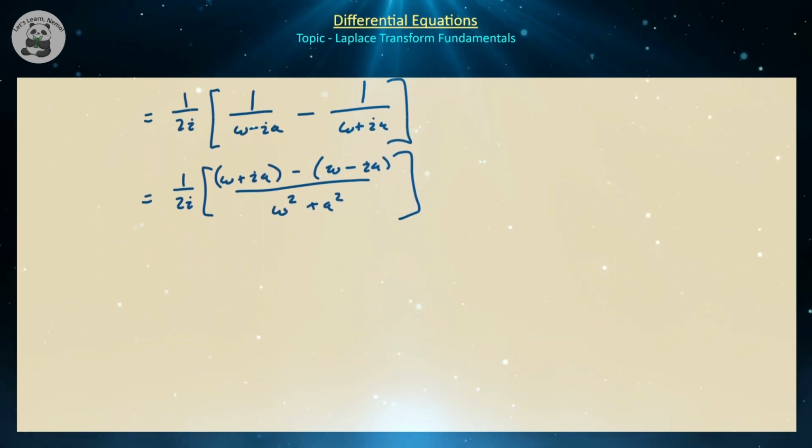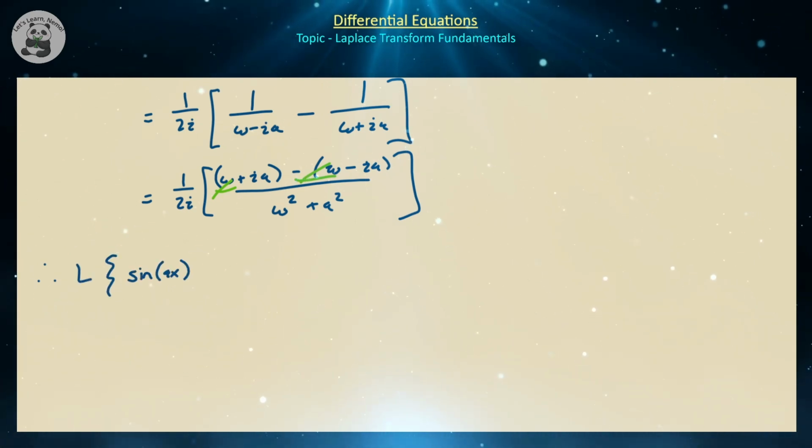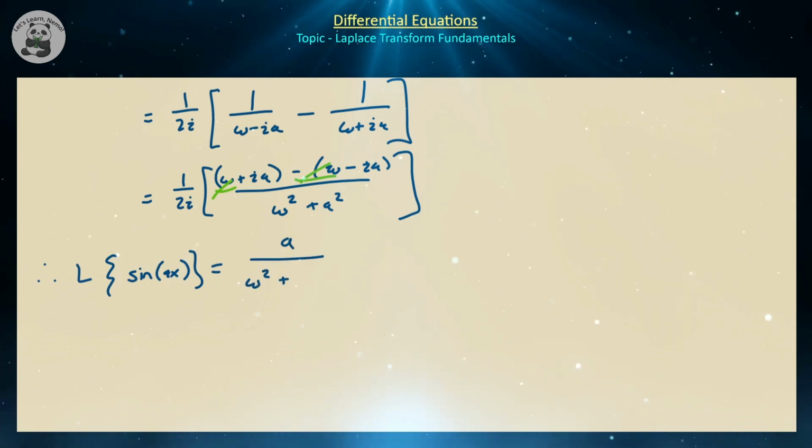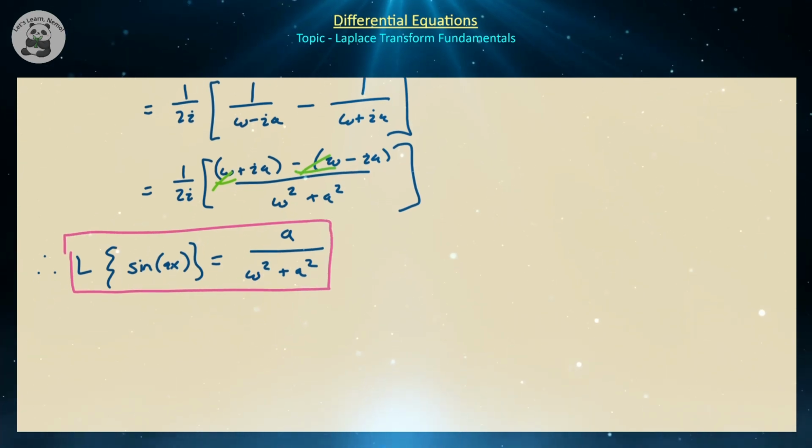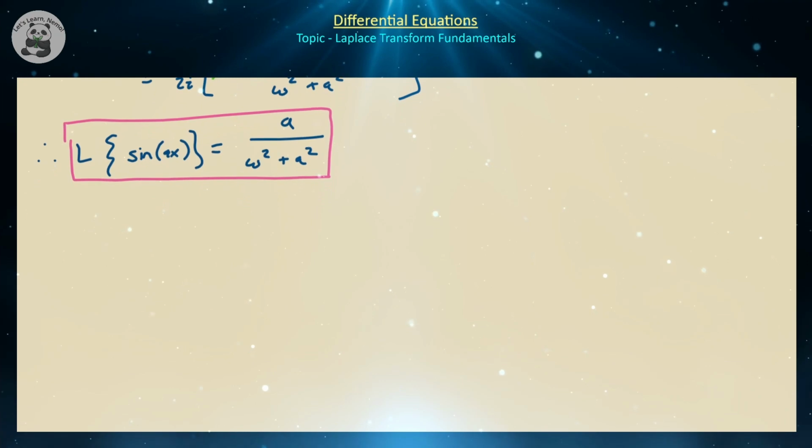Once we simplify the top, because notice that we have this omega minus omega term, they're going to cancel out, we're going to have ia plus ia, which is 2ia, and the 2i's are going to cancel. So therefore, the Laplace transform of sine of ax is just going to be equal to a divided by omega squared plus a squared, which is still in some sense a rational function with a constant on the top.